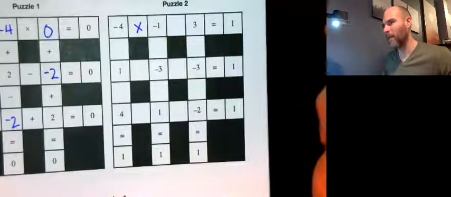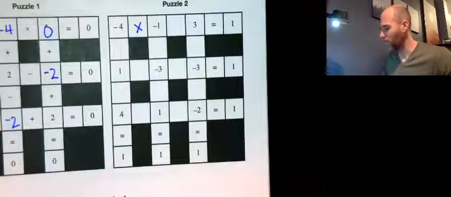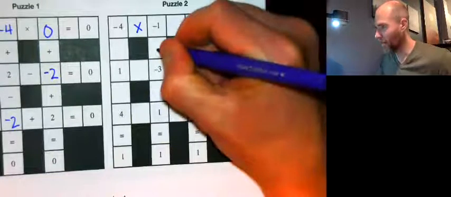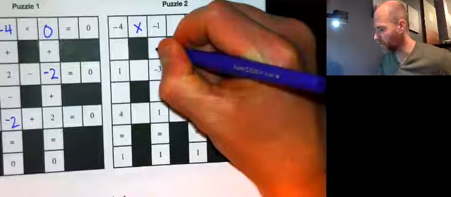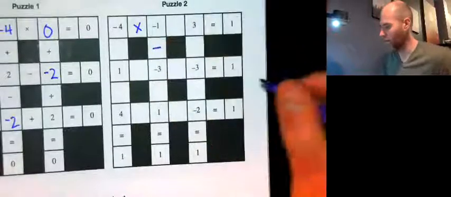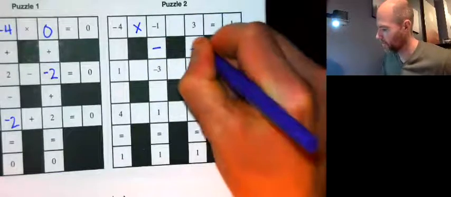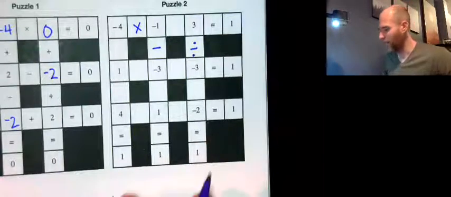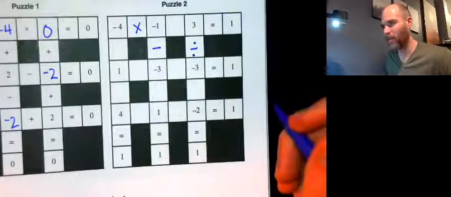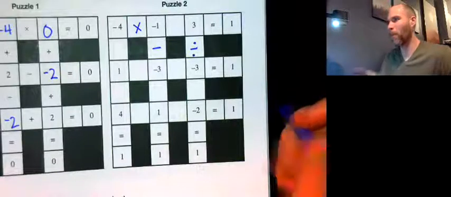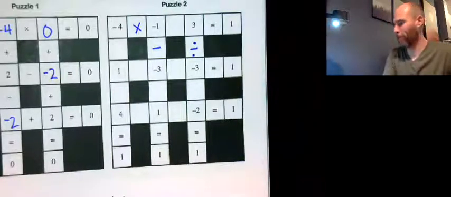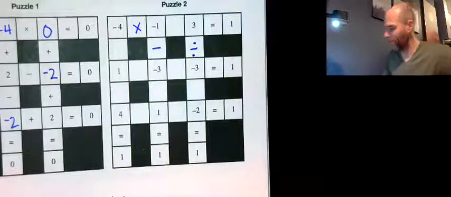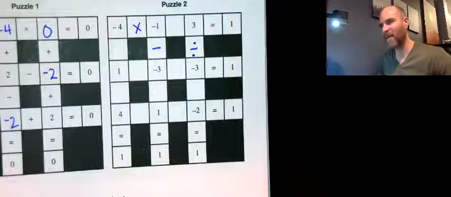Okay, and then in the second row, I'll tell you that this one right here is supposed to be subtraction, and this one right here is supposed to be division. Then in the next row, I'll tell you, I feel like I might have some of these wrong.